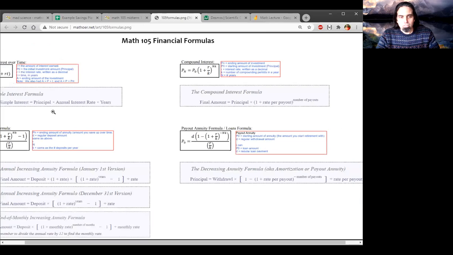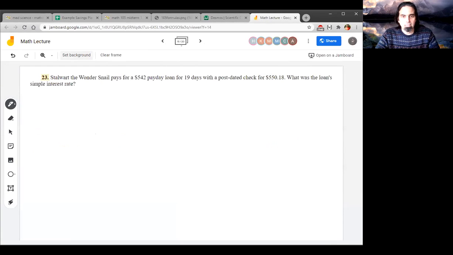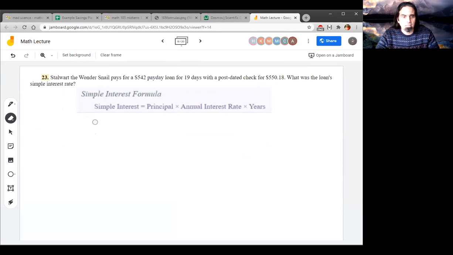Okay, simple interest. So as always with these formulas, the annoying thing is setting it up. So you might hate this, but I'm going to write out all these things so we're not confused.